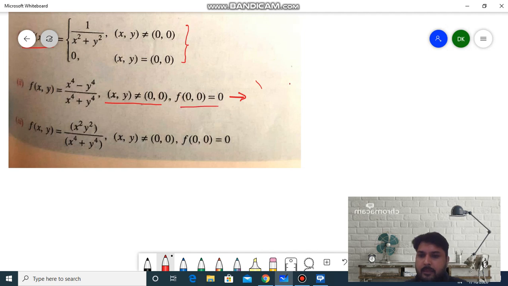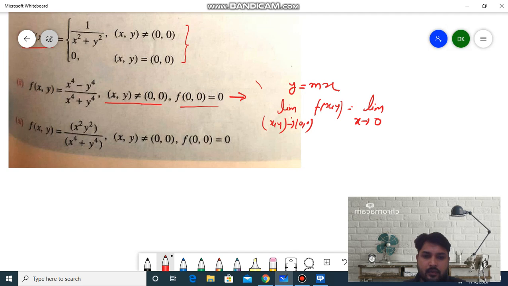So here directly if we take y is equal to mx in this example, then the limit as (x,y) tends to (0,0) of f(x,y) will be equal to the limit as x tends to 0, and in place of y we put mx, so it becomes x to the power 4 minus m to the power 4 x to the power 4 upon x to the power 4 plus m to the power 4 x to the power 4.